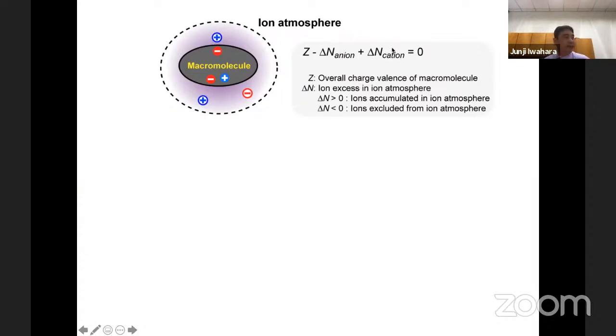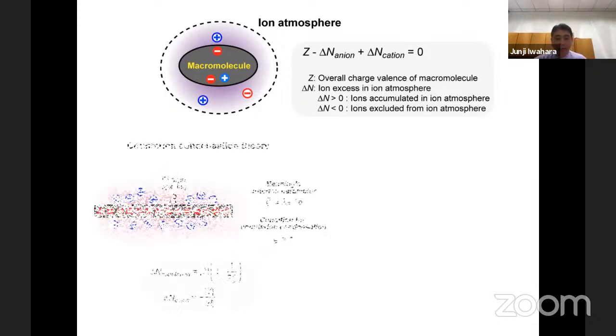And this is the difference between the ion density in the background and ion density in the ion atmosphere. It corresponds to the number of accumulated or excluded ions in the ion atmosphere. And the charge neutralization occurs through both counter-ion accumulation and co-ion exclusion.